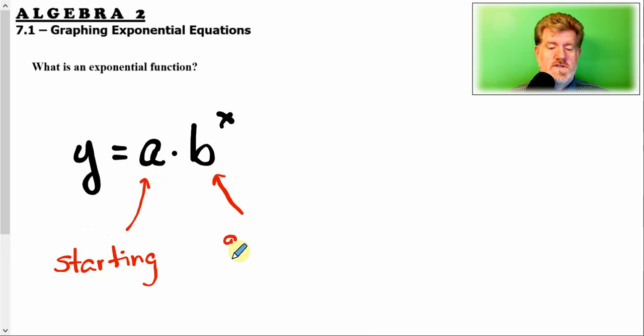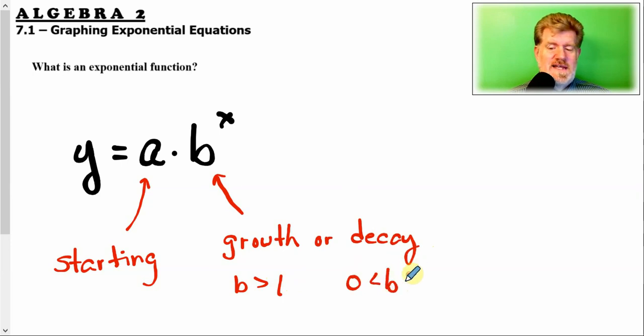The b value is the growth factor. So if b is greater than 1, it's growing. What we want is for it to start decaying, being less than 1. But it has to be greater than 0. I'm going to show you why that's true.